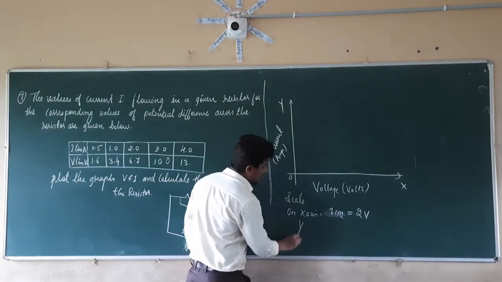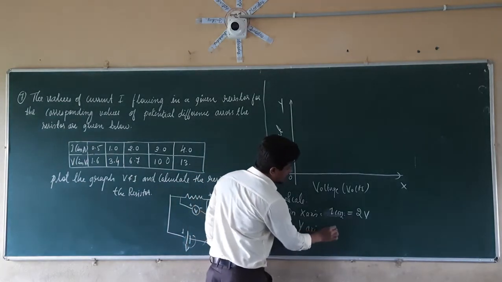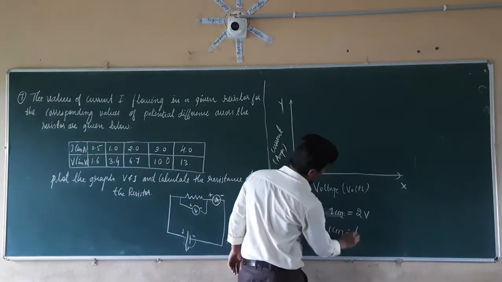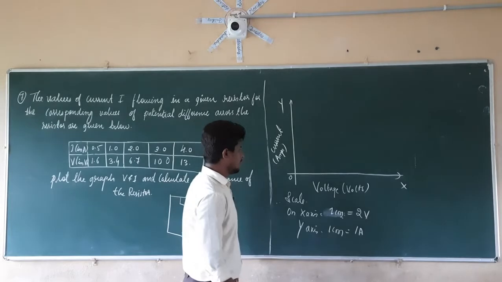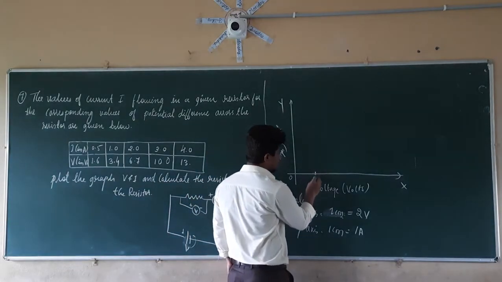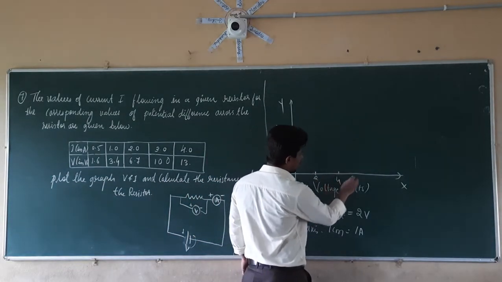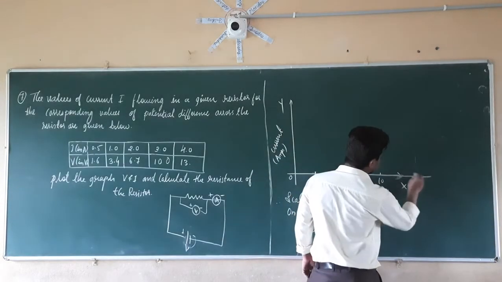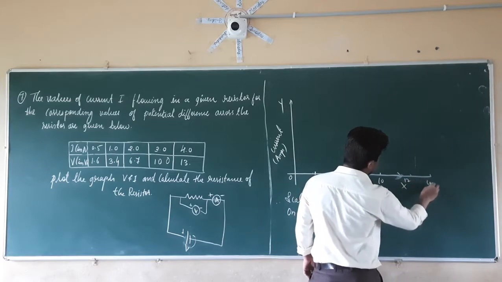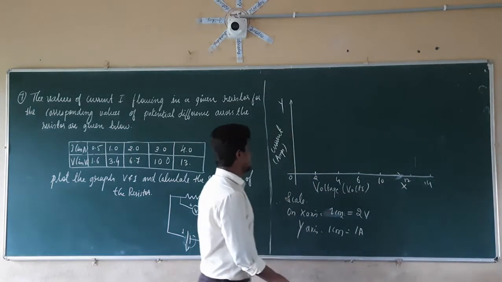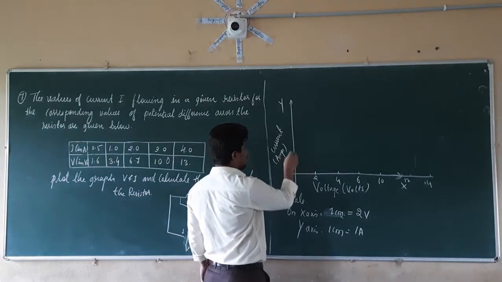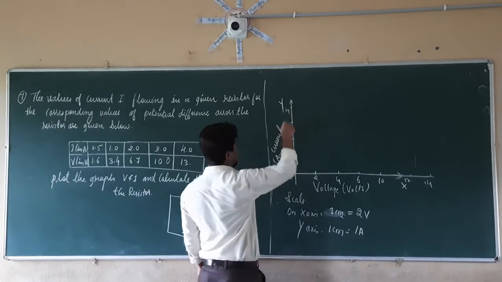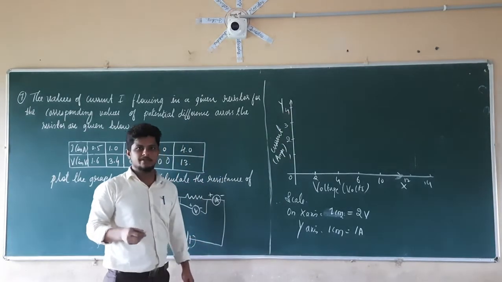In the same manner on the y-axis, 1 centimeter is equal to 1 ampere. So put the values here. This will be 2 volts, this will be 4, this will be 6, 8, 10, like that; this will be 12 and this will be 14. In the same way on the y-axis, this will be 1 ampere, 2 ampere, 3 ampere and 4 ampere. So draw accurately.